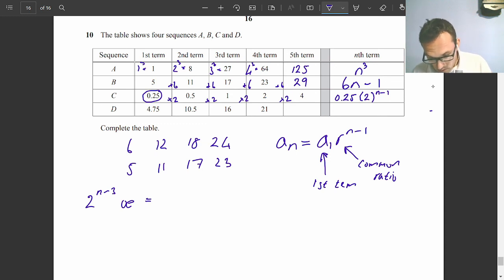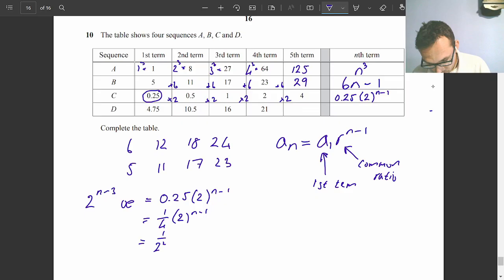0.25 times 2 to the power of n minus 1. Now 0.25 is the same as a quarter, which we can write as 1 over 2 squared. If you remember the rules of indices, 2 squared as a denominator, we can write as a normal exponential when we make the index negative, 2 to the power of minus 2.